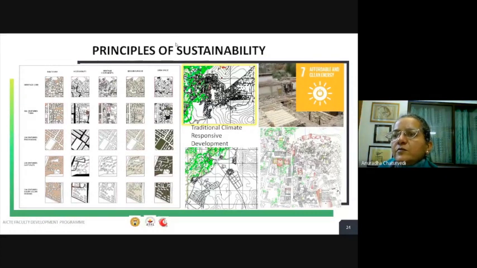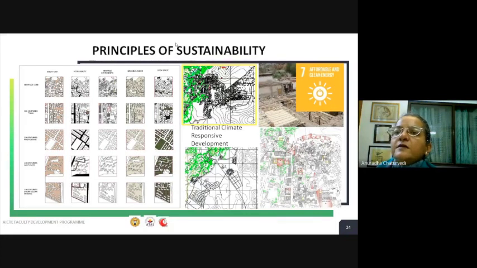This process of understanding the principles of sustainability, identifying the traditional knowledge systems, also links up with Sustainable Development Goal 7, which is related to affordable and clean energy.